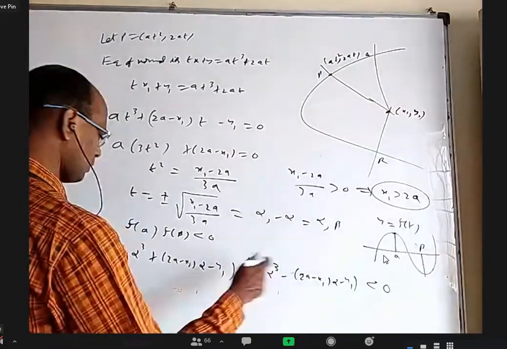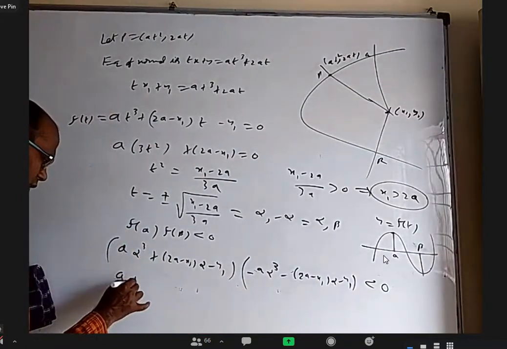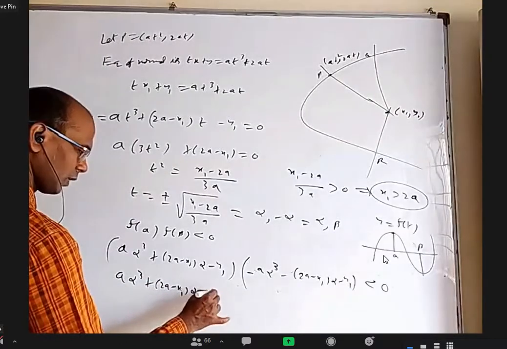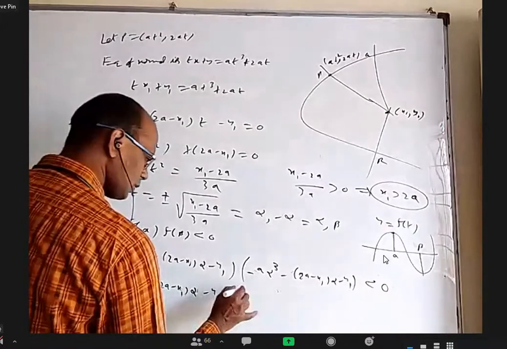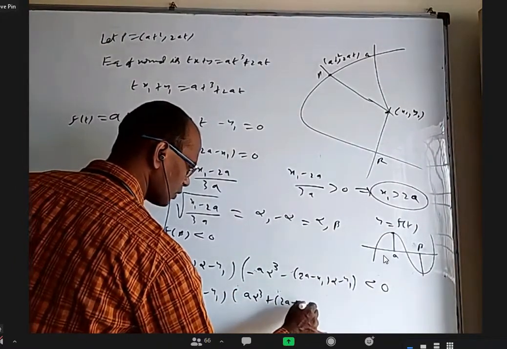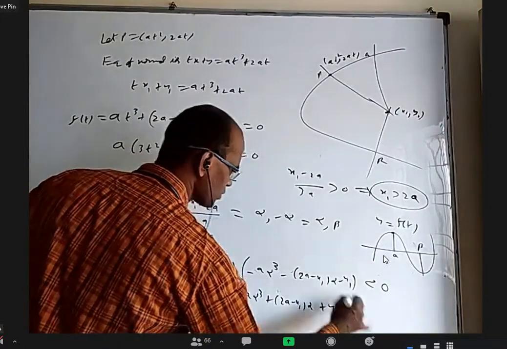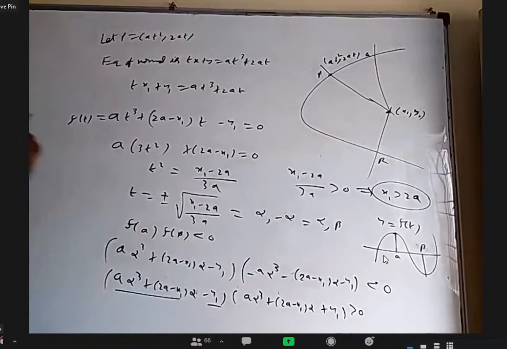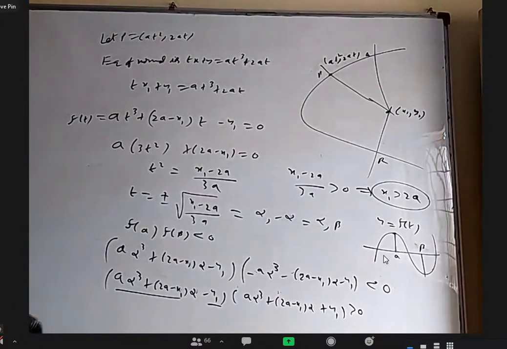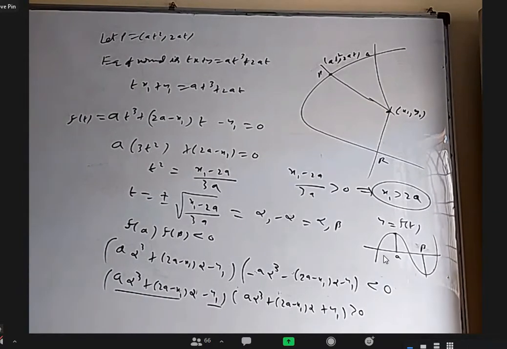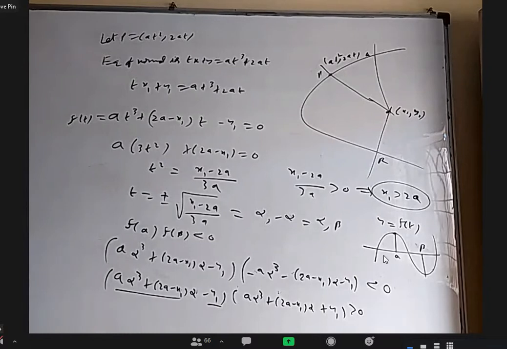If I take minus common here, it is a alpha cube plus 2a minus x1 into alpha minus y1, times a alpha cube plus 2a minus x1 into alpha plus y1, greater than 0 because I multiplied with minus. If I take this as a, this as b, like a minus b into a plus b, I can write a square minus b square. Please copy up to here, then I'll continue. If somebody has not understood, I'll explain, but first you copy it.